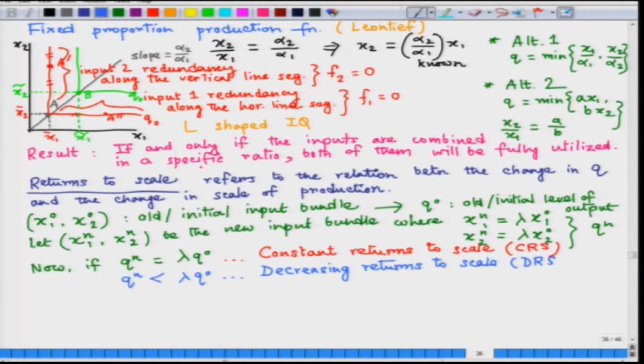Abbreviated as DRS, and there can be another case where Qn is greater than lambda times Q naught, and that is known as the increasing returns to scale.